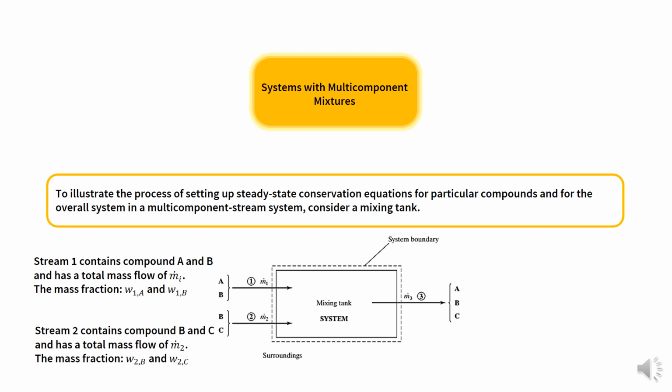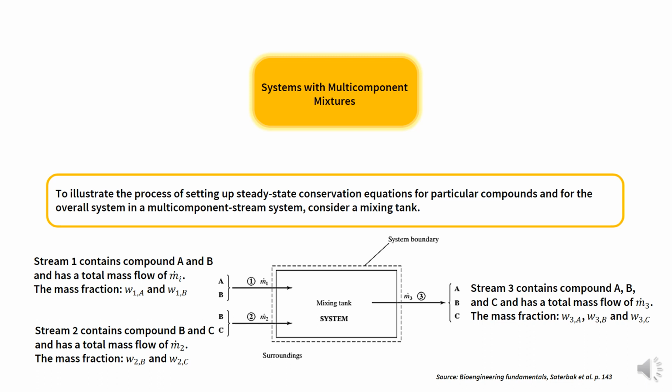Stream 2 contains compounds B and C and has a total mass flow of m dot 2, and the mass fractions are W2B and W2C. Stream 3 contains compounds A, B, and C and has a total mass flow of m dot 3, and the mass fractions are W3A, W3B, and W3C.